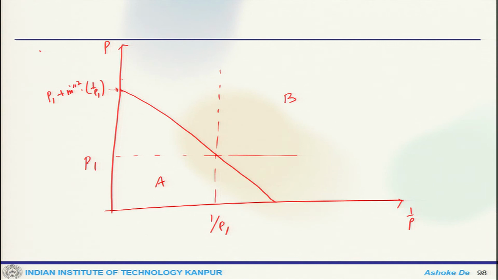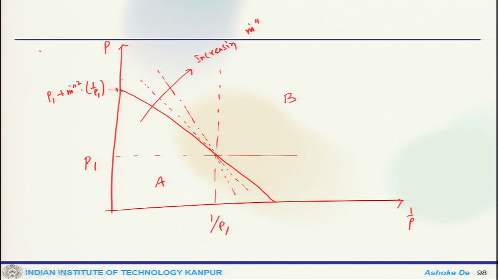Now, you can have different mass flow rates, and you can see the lines would be like this. So, this is the increasing m dot.